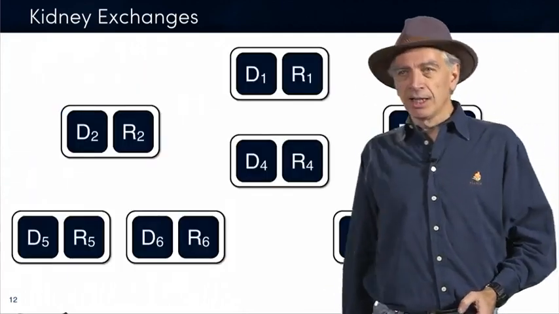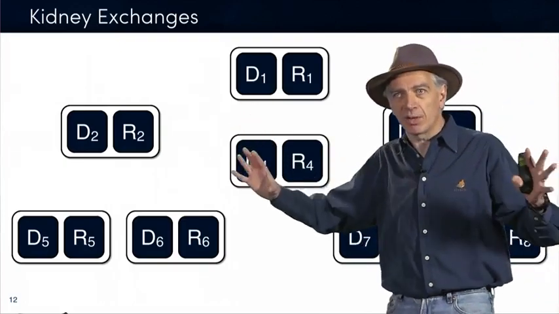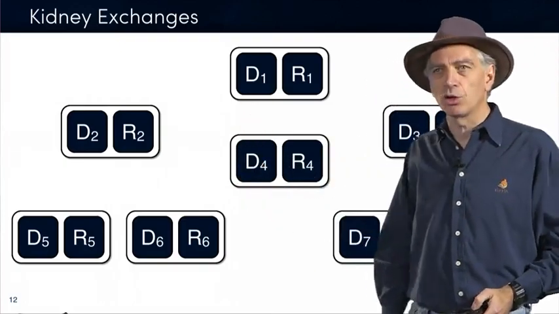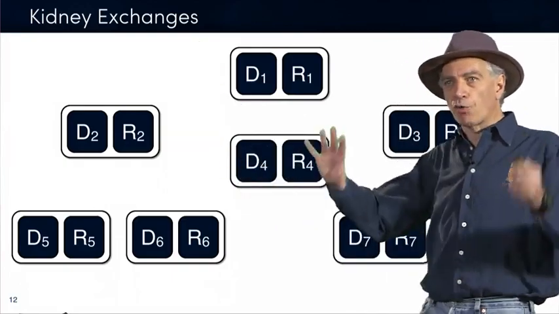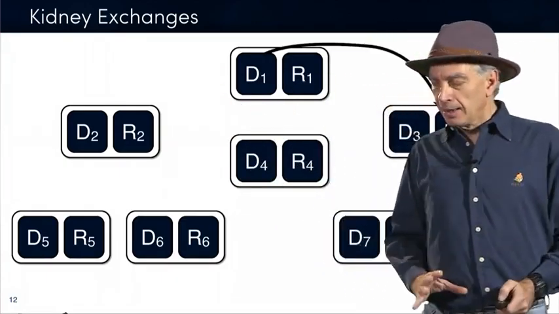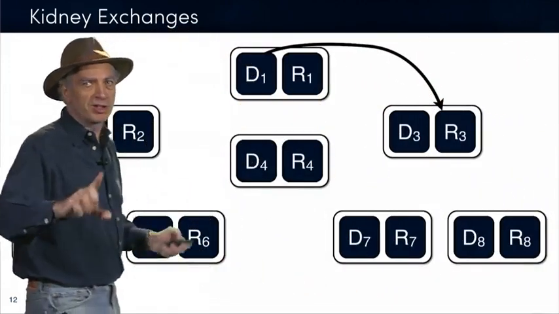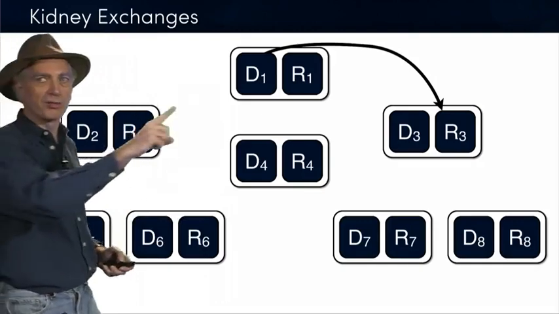And obviously, in practice, we have 80,000 people who are in need of a transplant. So what we are going to look at is a big graph of all these pairs of donor and receiver. What you see on this screen is a small graph, but you see all the pairs of donor and receiver.